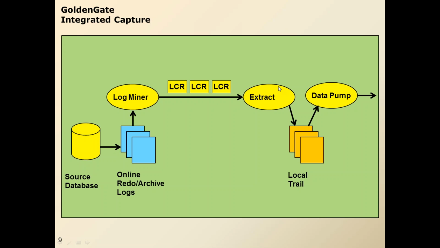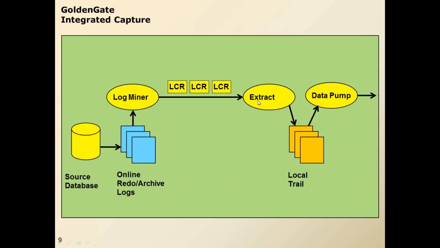Then once the extract contains the changes, it writes them to the local trail, which the data pump reads and writes to the remote trail, and then replicat applies them. LogMiner is nothing but, if you remember, the utility you use to read the archive logs of the database. For that purpose, you build a LogMiner database. So it is the same database.